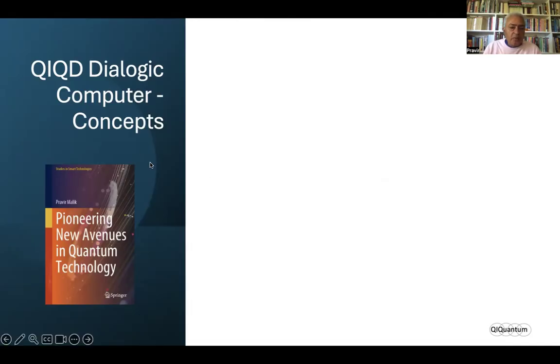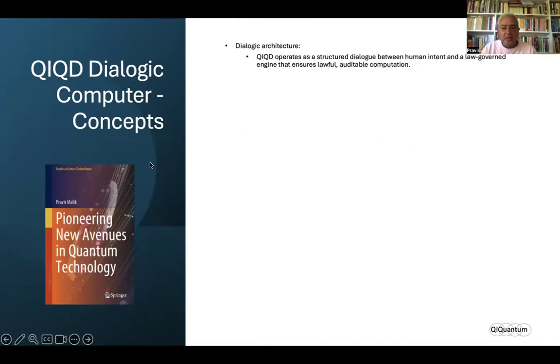So the dialogic computer, based on the enhancements in large language models, has been used to embody this QIQD math and logic that was formalized in the book Pioneering New Avenues in Quantum Technology.